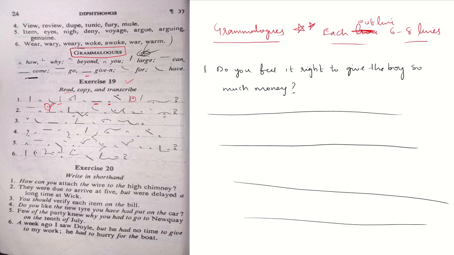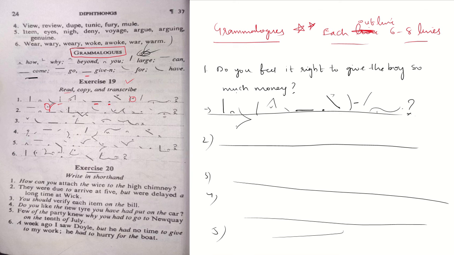Like I'll write one line for you. Do you feel it right to give the boy so much money? So likewise, write second time, third time, fourth time, fifth time. Write 5 times. In the same manner, go for this also and complete all those things.